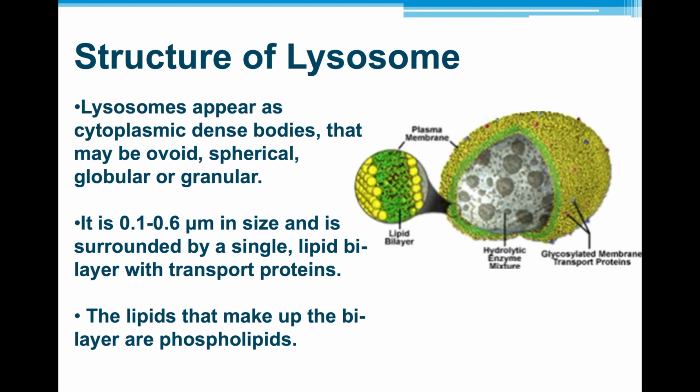Lysosomes appear as cytoplasmic dense bodies that may be ovoid, spherical, globular, or granular.